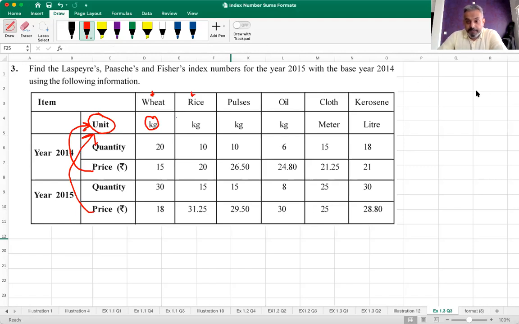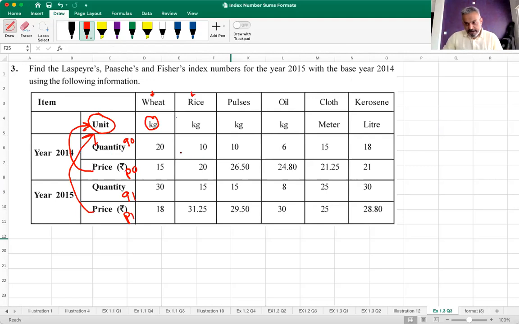Now here the quantity of 2014 and 2015 is given. So 2014 and 2015 are Q0, P0, Q1, P1.